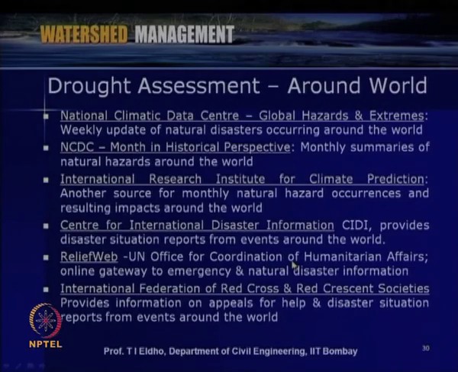All these agencies, with respect to various parameters and checklists, assess various locations, whether it is drought prone or how much severity there can be with respect to drought. All these situations will be assessed and put on their websites, and from their websites we can identify whether a particular region or area is drought prone, and related drought assessment can be done. So, we are discussing today the drought assessment and related issues.